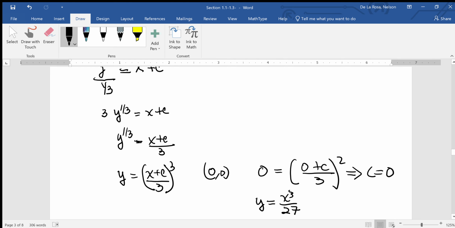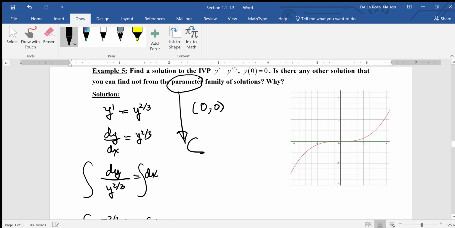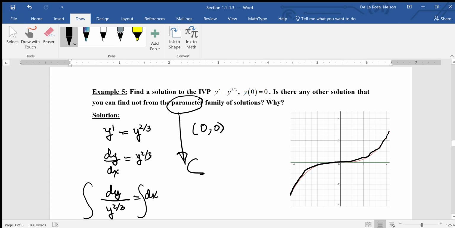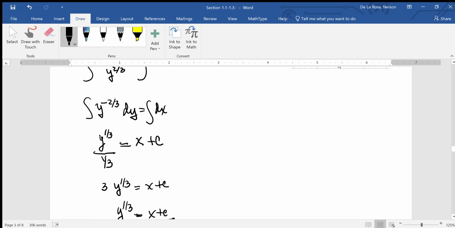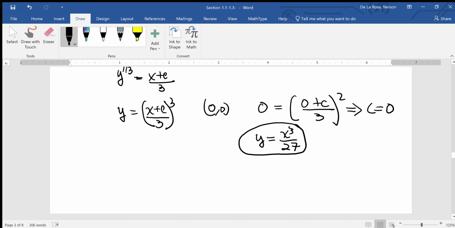Now, this solution is represented by this graph, this curve. Now, can you kind of guess any other solution that is not coming from this equation?